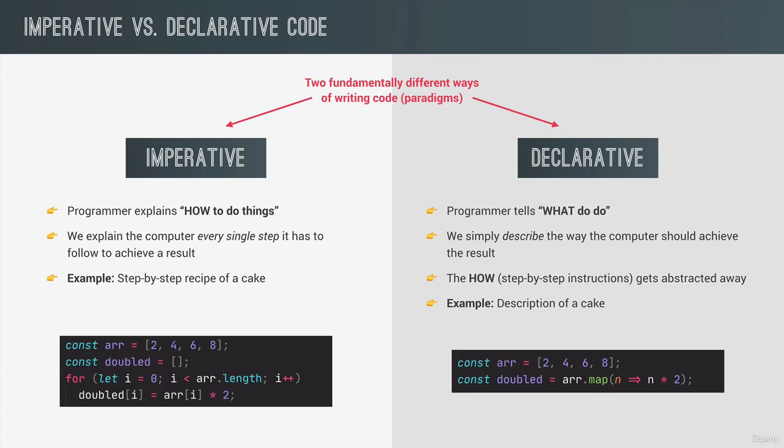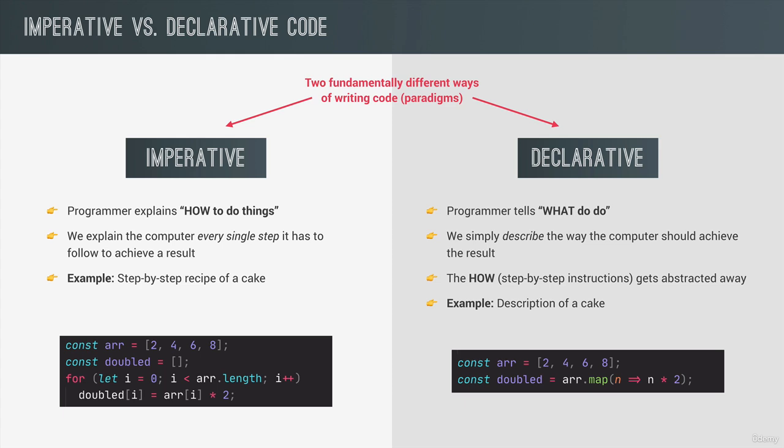All right? And this is pretty important to understand because more and more, this is how modern JavaScript code is actually written. So the difference between imperative and declarative is not just some theoretical difference.